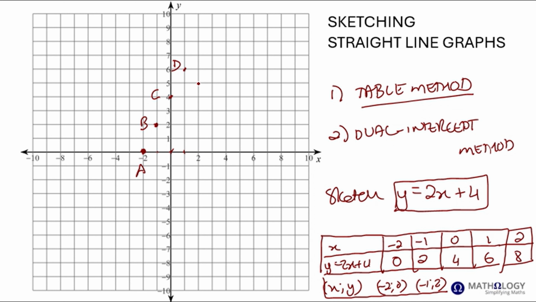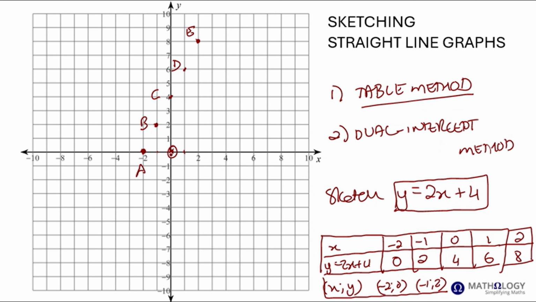Now you would have noticed, and you should already know this, that the origin is where the two axes intersect, and that's generally the point O, where x is 0 and y equals 0. X values to the right of the origin are positive. They get more and more positive the further away from the origin you move to the right. The further you move away from the origin to the left, the more negative the x values get.